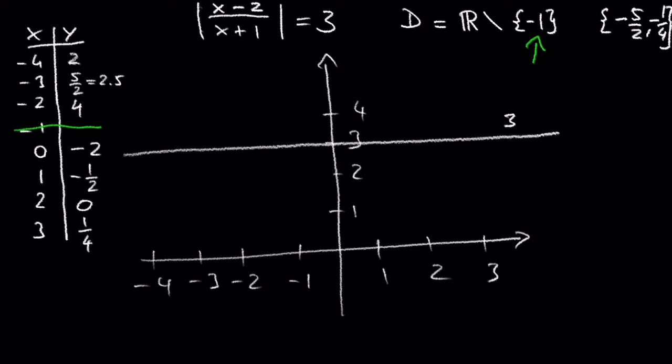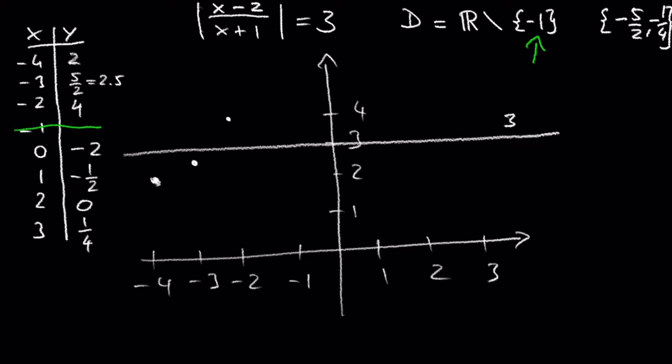Okay, let's see. Negative 4, 2, negative 3, 2.5, negative 2, 4, 0. Oh, we have to do the absolute value.